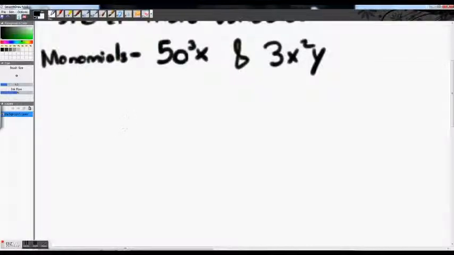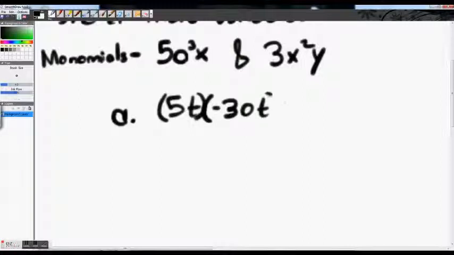So let's simplify a monomial. In order to simplify a monomial, we may have to either add or subtract, divide or multiply. In this case, we're going to multiply these two.